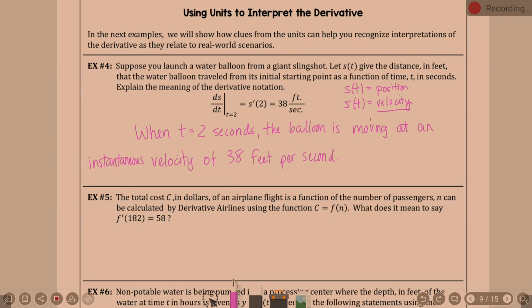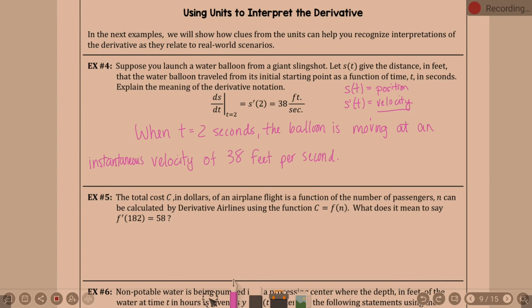Some variation of that, yes? There's lots of different ways you can rearrange that, right? But the rate is changing $58 per passenger when there are 182 passengers. Okay, so 182 is your input, so that is your passengers. 58 is the cost that is changing, and it is a rate.